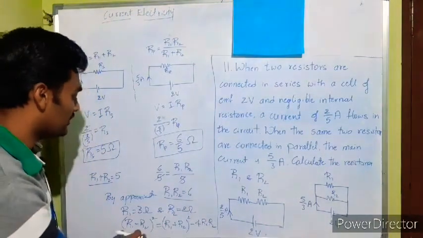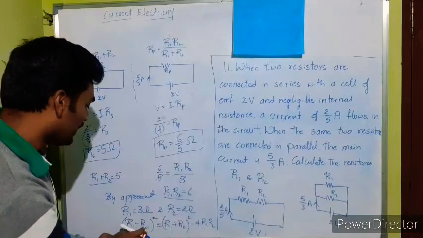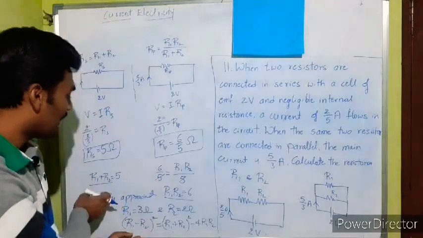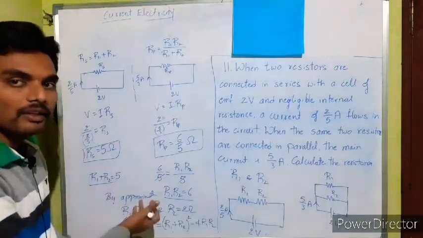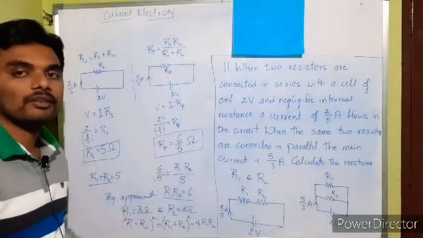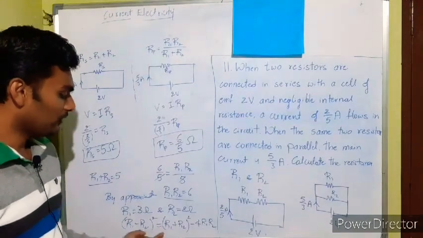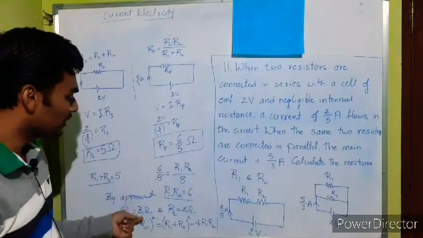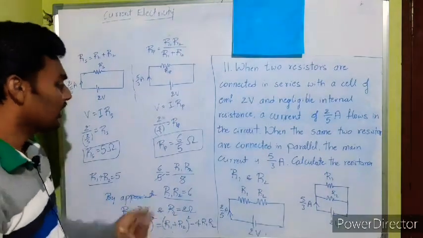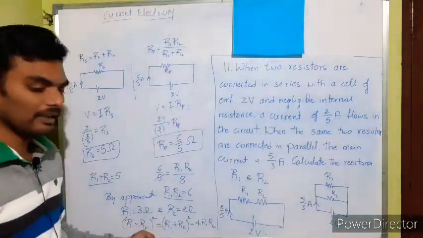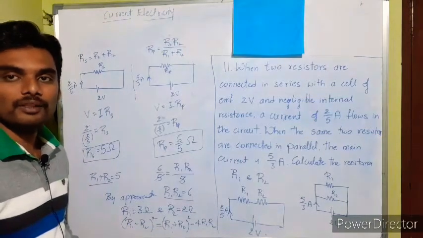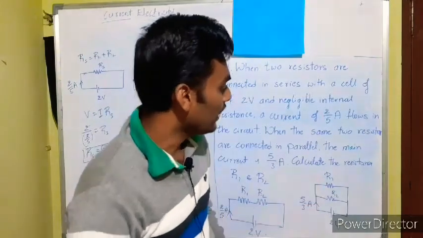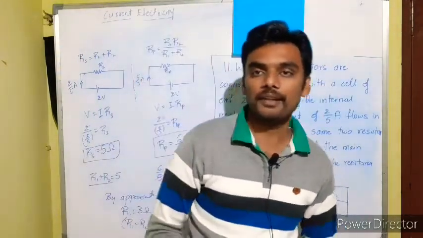Once you have the value of R1 minus R2, and here you have R1 plus R2, you can add those two equations and get the value of R1 and hence R2. You can make use of this form when you don't get the values of R1, R2 directly by approximation. The method is given in detail in the reference. Make use of that. Clear? And hence we have obtained the values of unknown resistance R1 and R2. Clear?